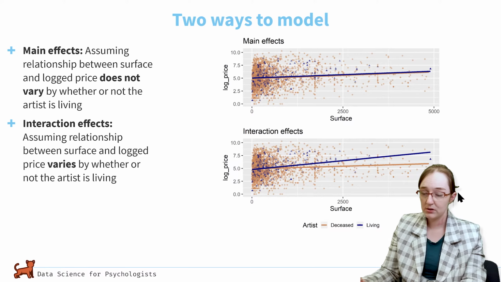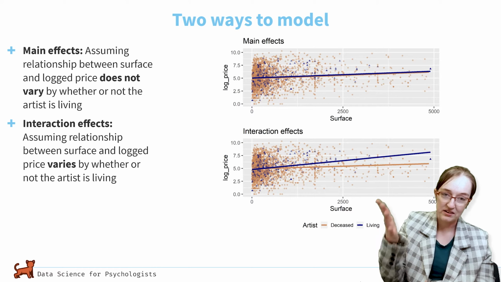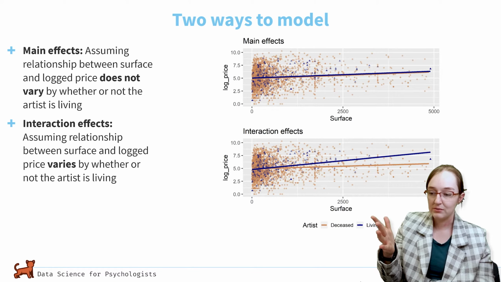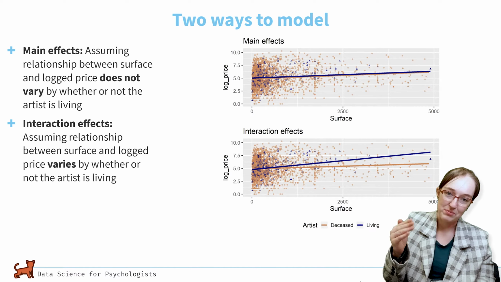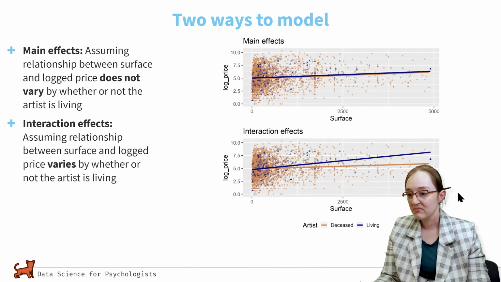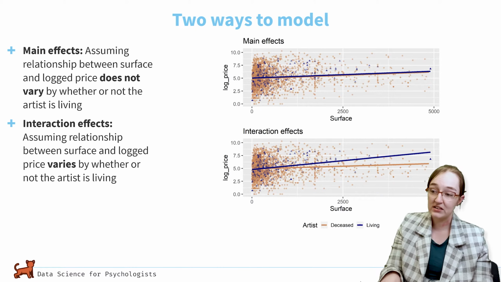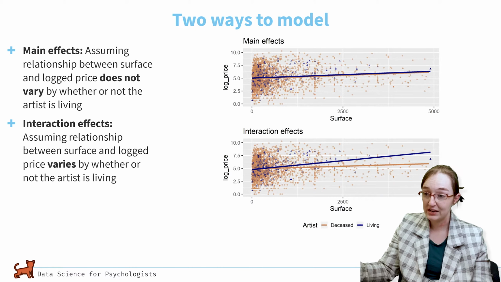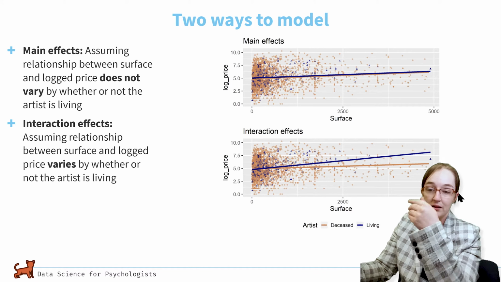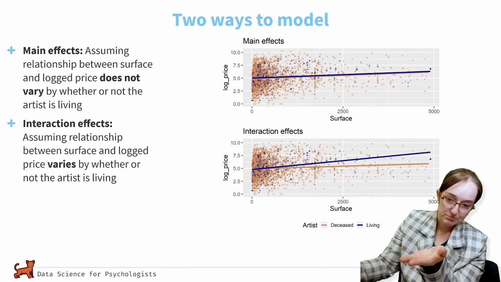So here, I've plotted main effects. And technically interaction effects include both main and the interaction. So the main effect assumes the relationship between surface area and log price. And this is how the model looks.